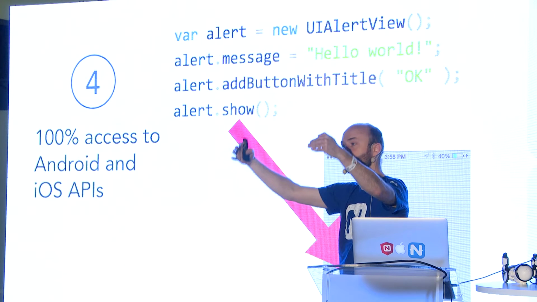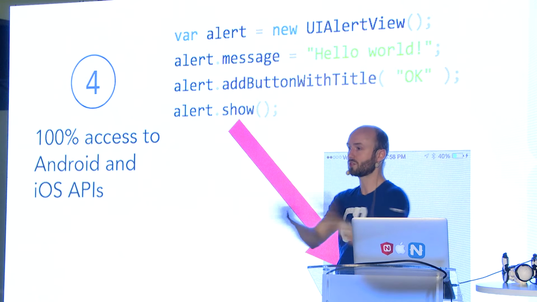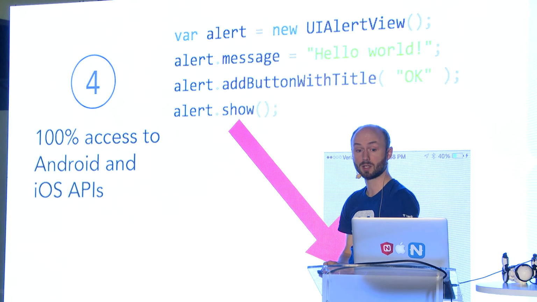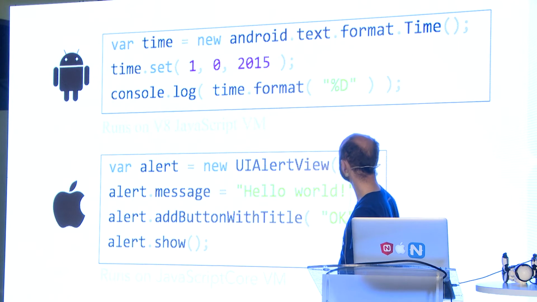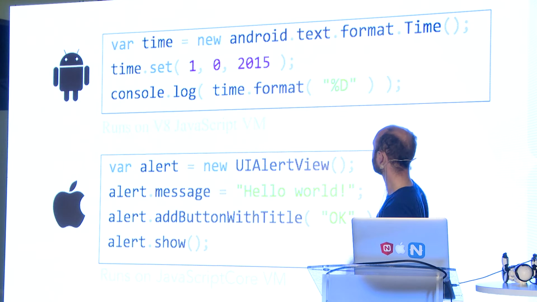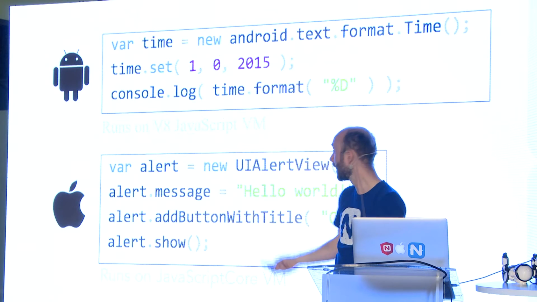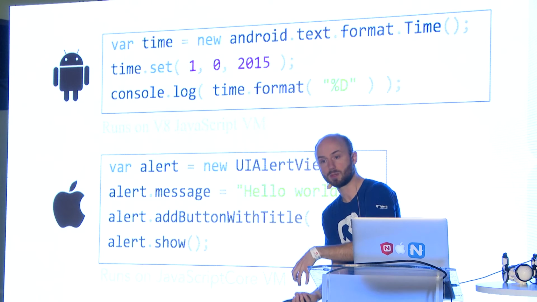There's also an abstraction layer so that you don't have to write iOS or Android specific code, but you can when you have to. Similarly, we can do the same thing for Android. If you want to create, let's say, a time object, you could just say new android.text.format.Time, call set, and do some formatting, etc. And all that code pretty much runs on a JavaScript virtual machine within the application.